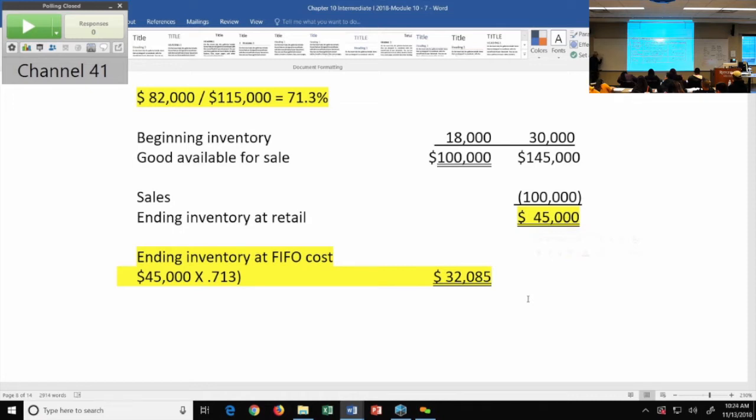You're going to have to look at the beginning layer, and the current. And that current layer will be an increment or a decrement.